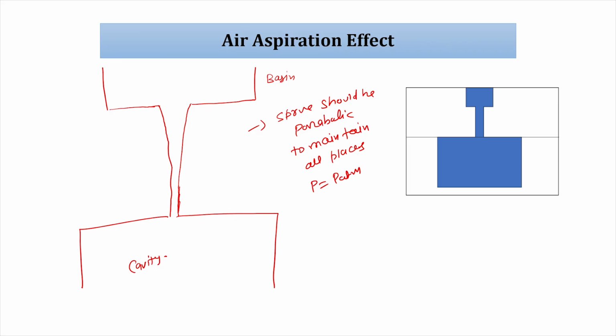But what is the issue with this? You have a curvature now, it is not a straight line. This is called the ideal sprue. Actually, I am not able to draw a parabolic.